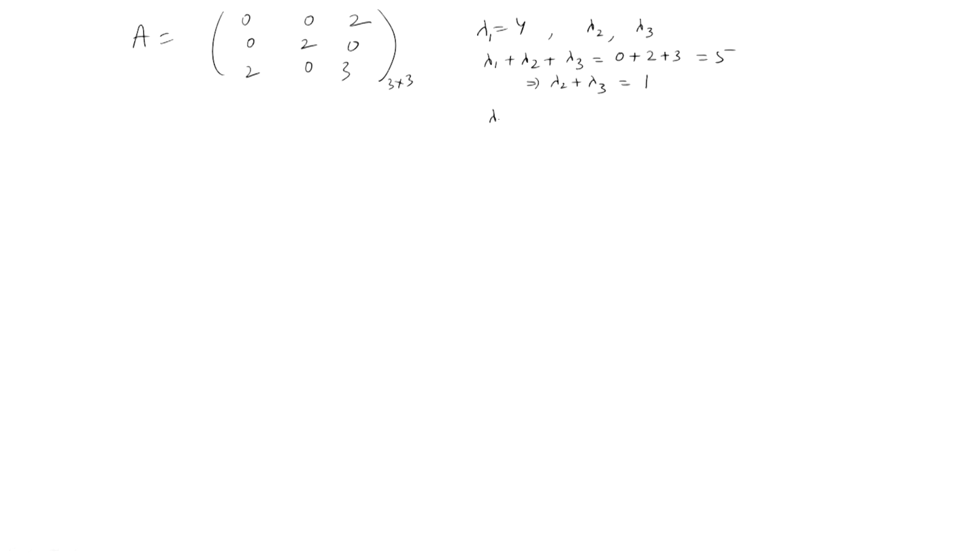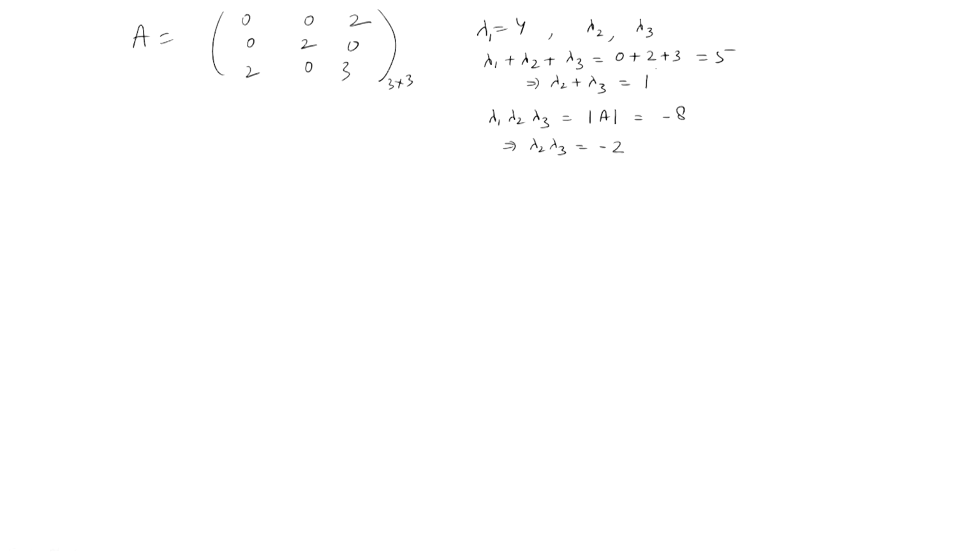Now, we know that the product of eigenvalues is simply the determinant of A. When you simply expand this determinant, you get minus 8. Now, lambda 1 is 4, so this implies lambda 2 lambda 3 will be minus 2.